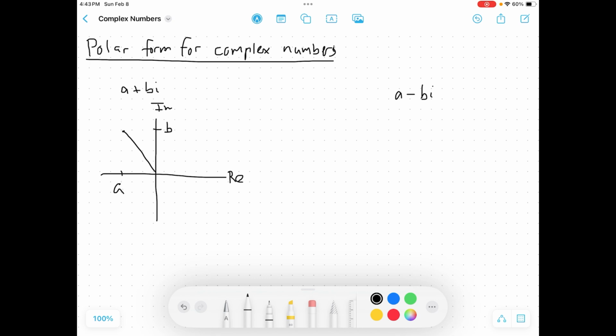So a and b give, in a sense, the x and y Cartesian coordinates for this point z right here.